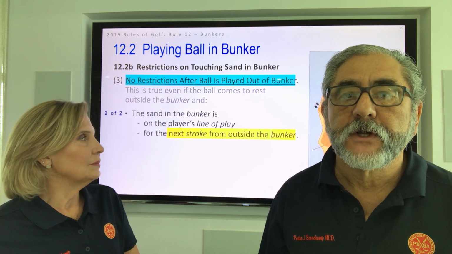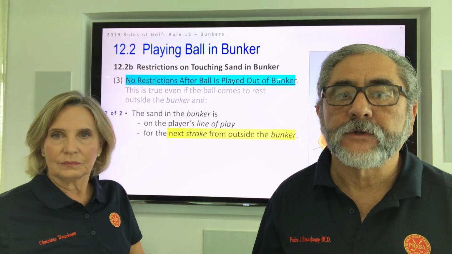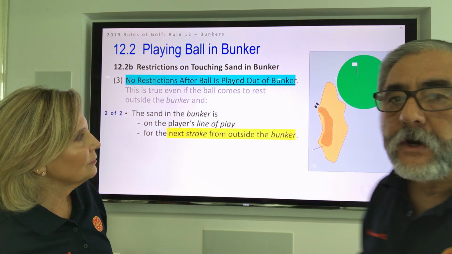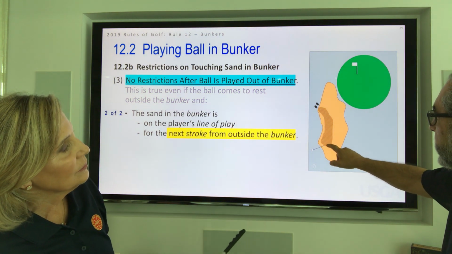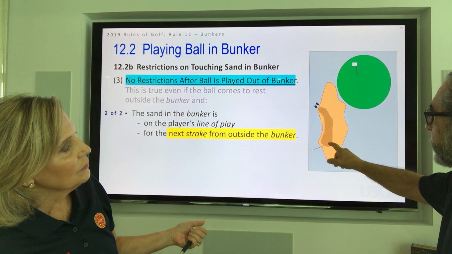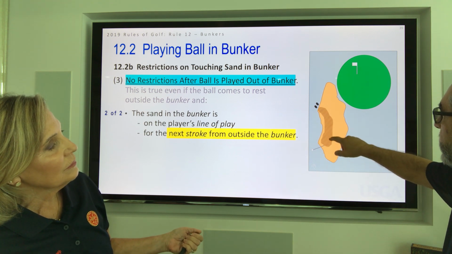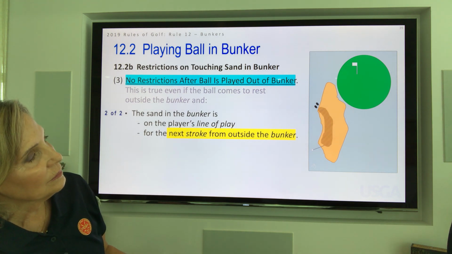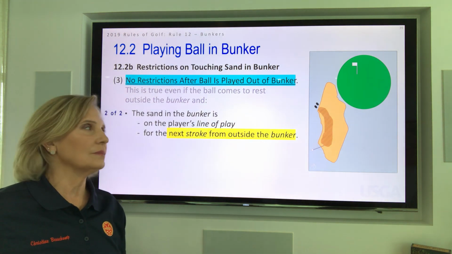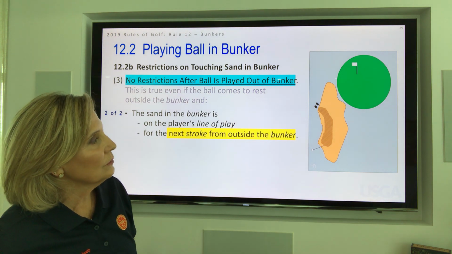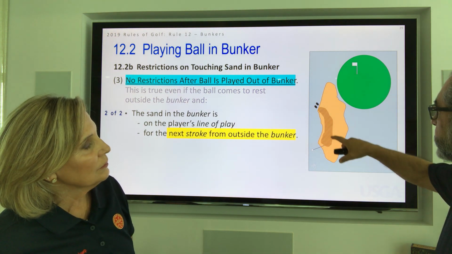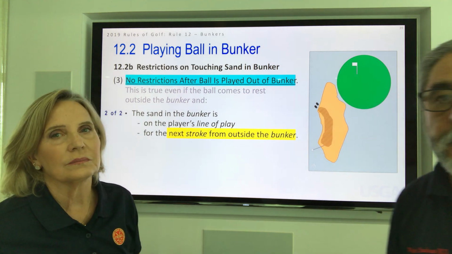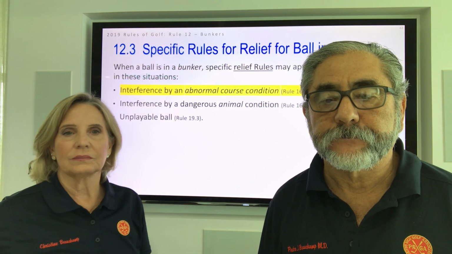No restrictions of repairing when you executed your shot and the ball is out of the bunker. Often it may happen that the player may play backwards from the bunker, play out, and there's a series of footprints that the player wants to smooth in that area. Since the ball is out of the bunker, there's no restrictions, even though this improvement may help in the next stroke, because the ball is out of the bunker.